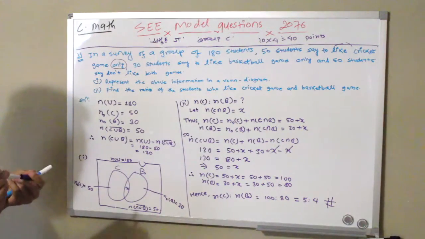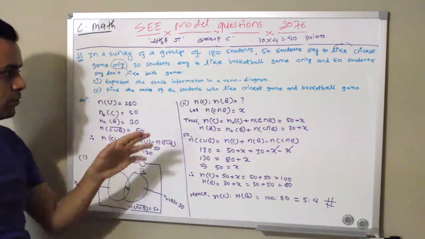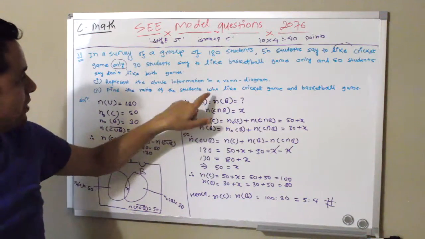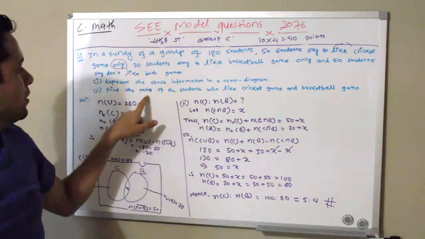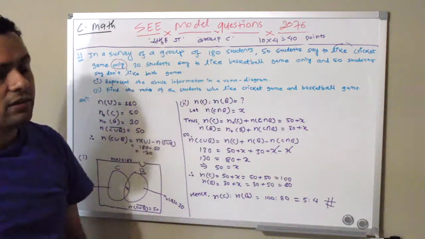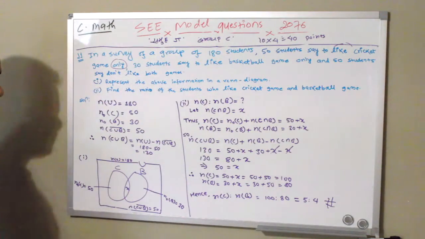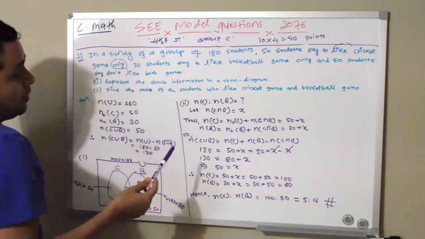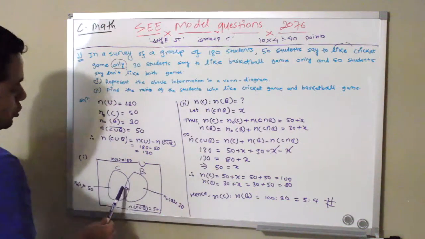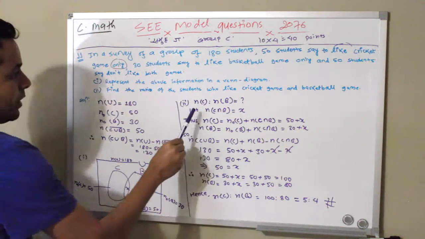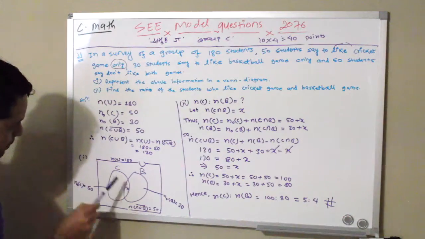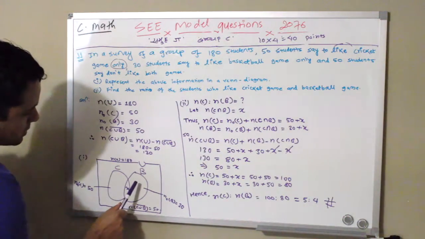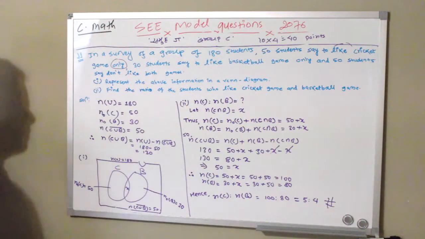I already explained this two times, so let me explain here. I need to find the ratio of cricket and basketball watchers. So let me assume the intersection, because nC means only C plus intersection, and nB means only B plus intersection.